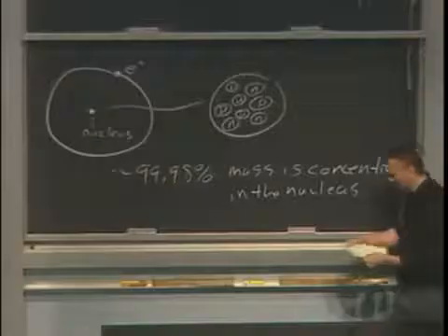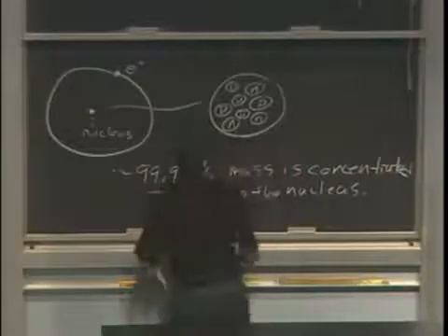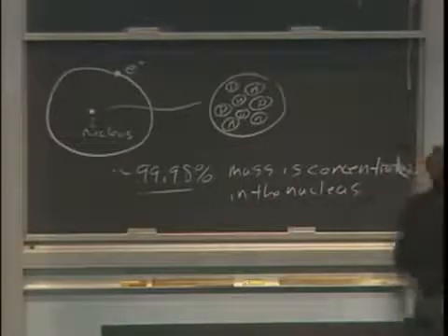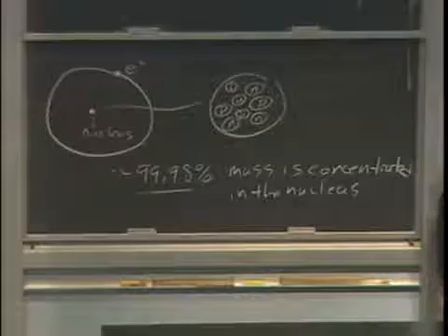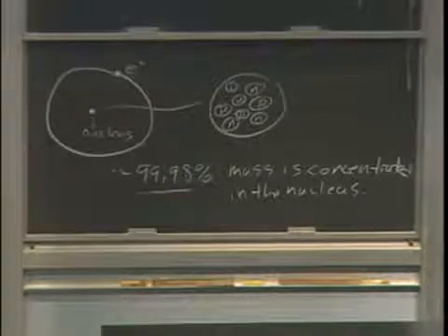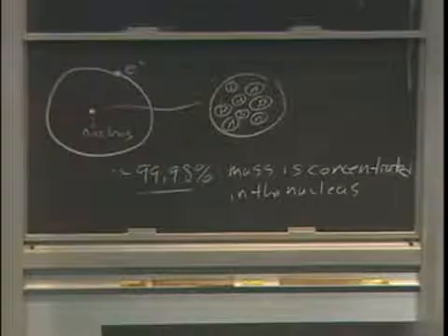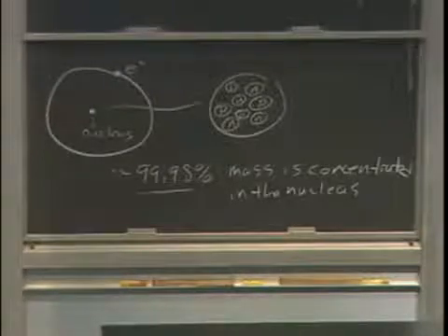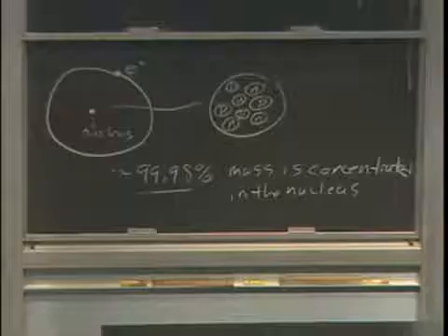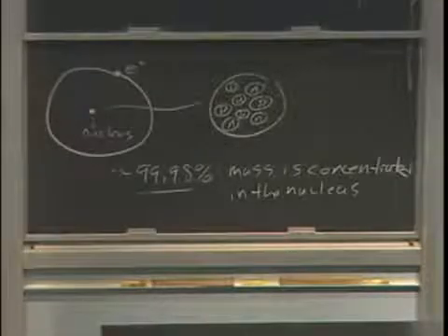Okay, so let's differentiate between an element and an isotope. So we all know the elements: hydrogen, helium, and you can go up from there. It's been a long time since I took chemistry, but we know the periodic chart.